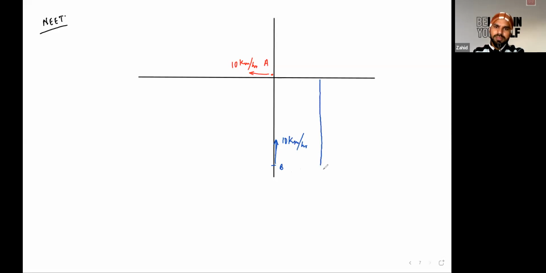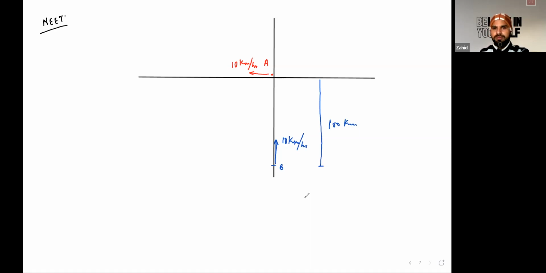The distance from this point to this point is 100 km. So you'll be asked to define in which direction A will observe B, or in which direction B will observe A.